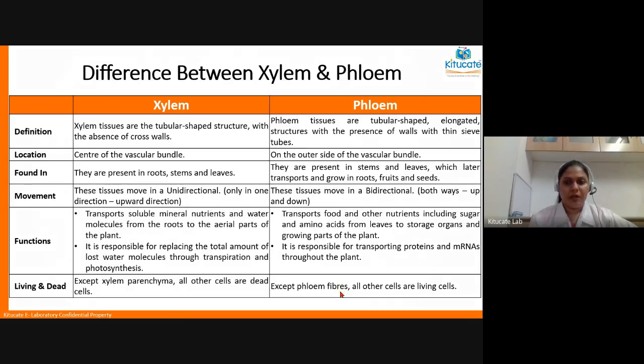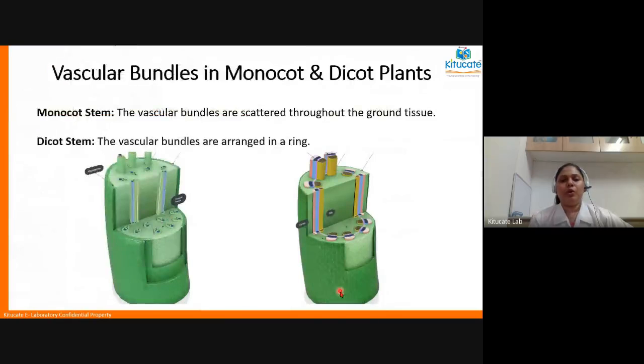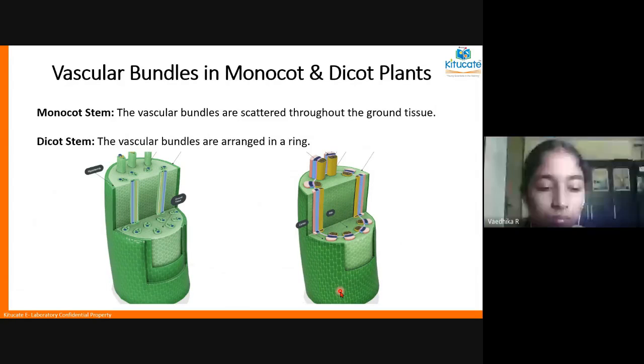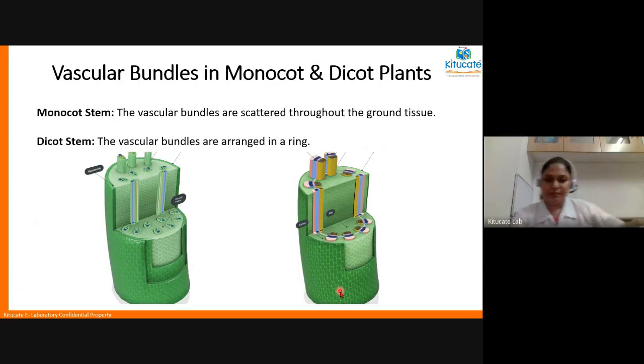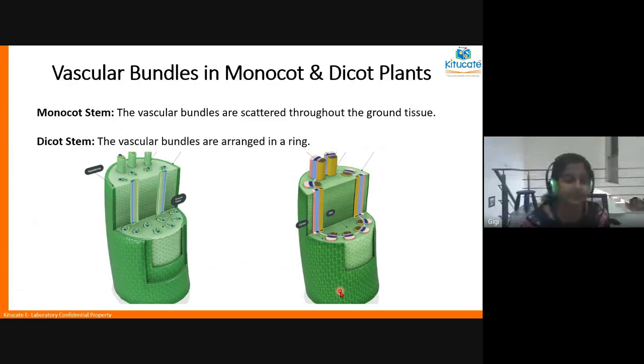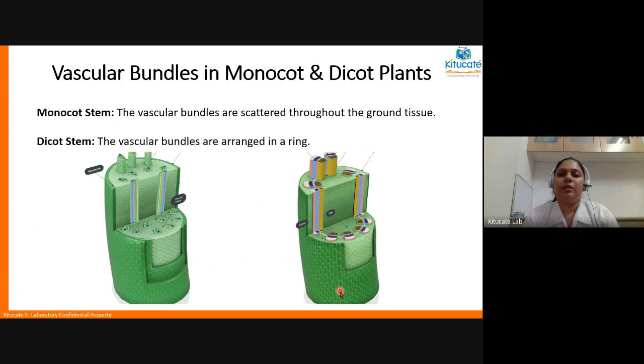Now you all know that there are two types of plants, monocot and dicot plants. You all know that? We all have seen monocot and dicot seeds. Now, if we don't have a seed, we can differentiate based on the plant also whether they are monocotyledon or dicotyledon type plants.